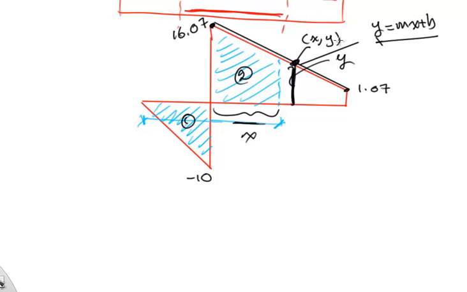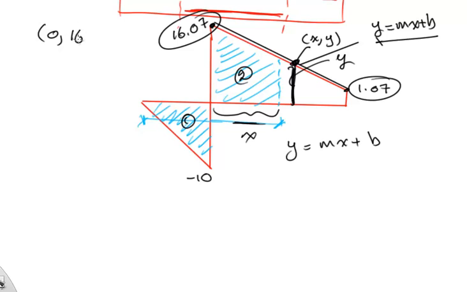So let's start by doing this. Let's try to find the y equals mx plus b. And the 2 points I'm going to study are these. Okay, what are the coordinates of this point? The coordinates of these points are 0 and 16.07, and this one is 3 and 1.07.